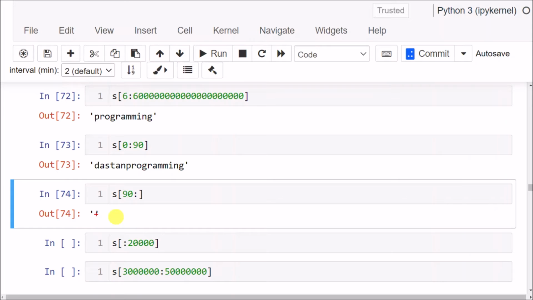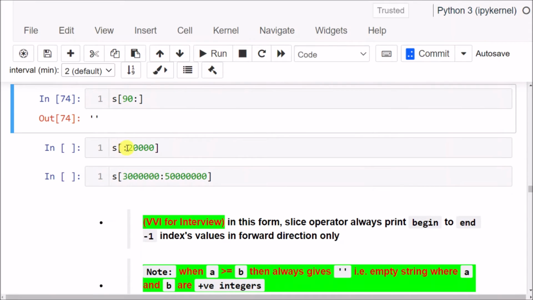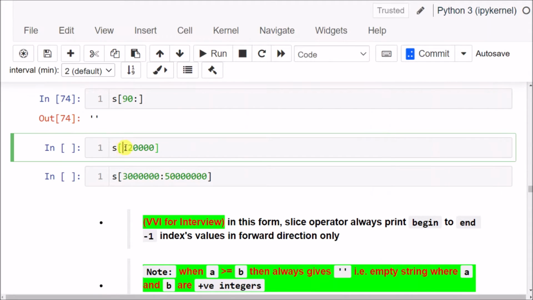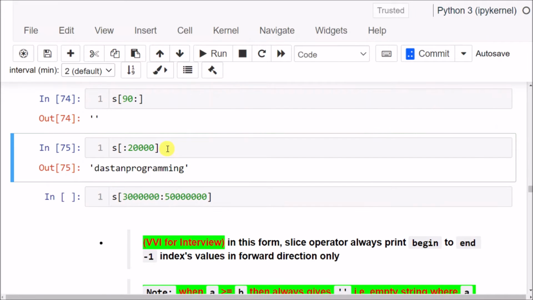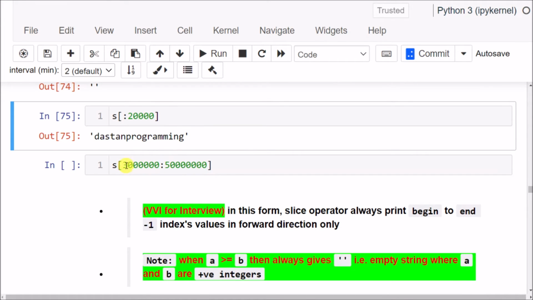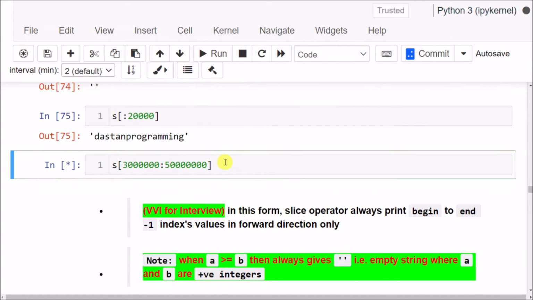And here 0 to 20,000 index means 0 to the length of the variable, that is all values, and here 3,000 to 5,000, no value is present, so it returns the empty string.